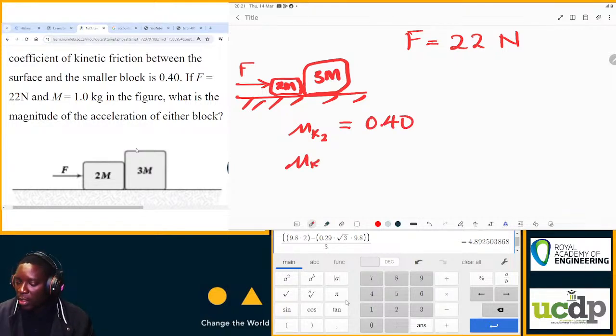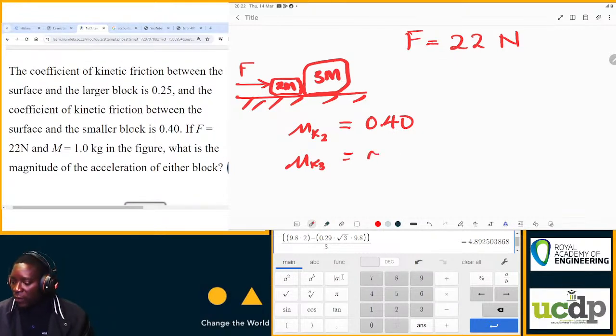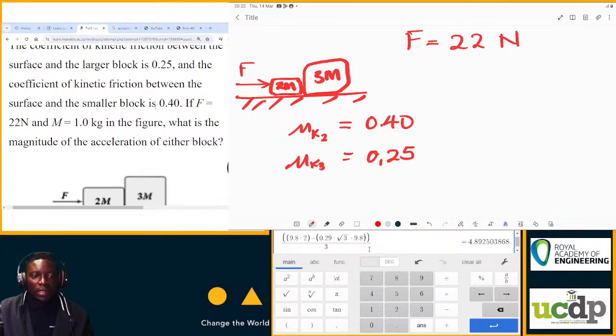And mu k for the 3 kg mass is equal to 0.25. So that's all the given information. Now we need to find the magnitude of the acceleration of either block.